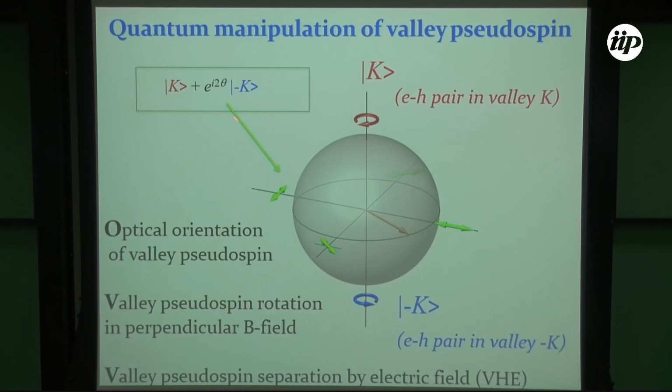So it means that by light you can create a valley-polarized exciton pair, and you can also make a combination of circularly polarized light to get a linear superposition, so somehow you can tune the property of your excitonic pair depending on the initial symmetry of the light.